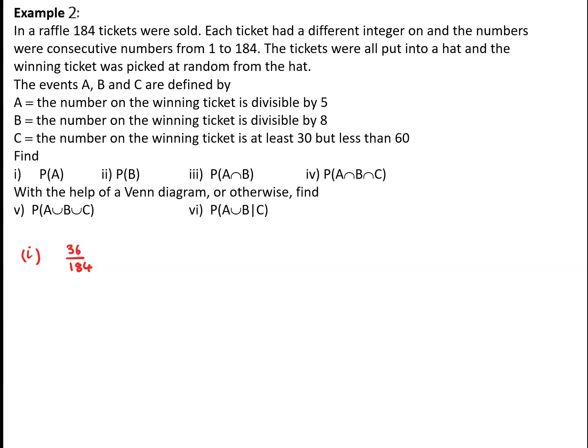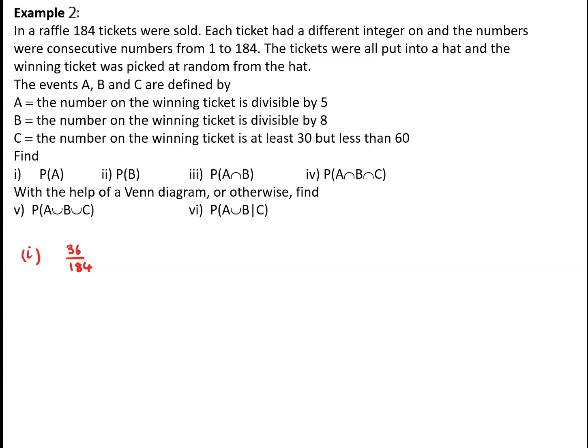The first one is 5, 10, 15, etc. all the way up to 180. 180 is the same thing as 36 times 5. So we've got 36 numbers out of the 184 possible numbers divisible by 5. So the probability the number is divisible by 5 is 36 out of 184.